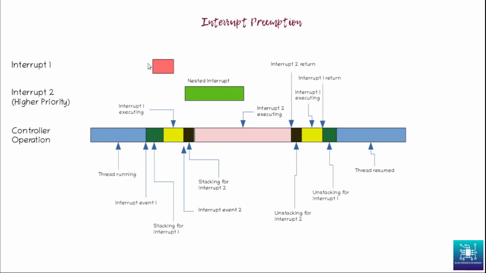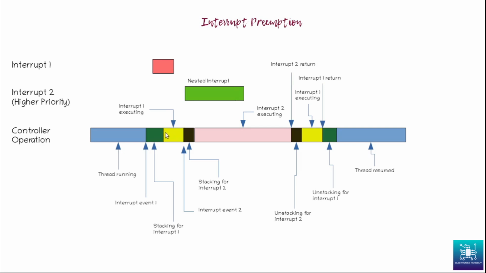Interrupt 1 comes in, of a lower priority. You do not know that this interrupt is going to come in at that point. Event 1 occurs here and then stacking for interrupt 1 starts. We will see stacking and unstacking in detail in the upcoming slides. So interrupt 1 starts executing here.